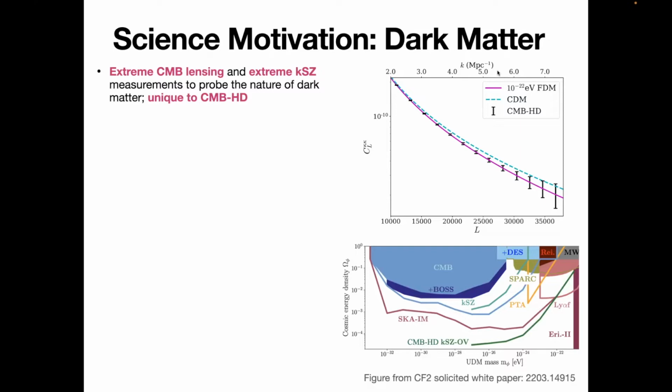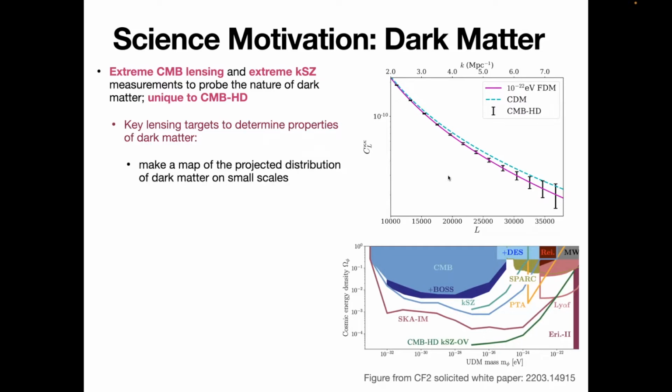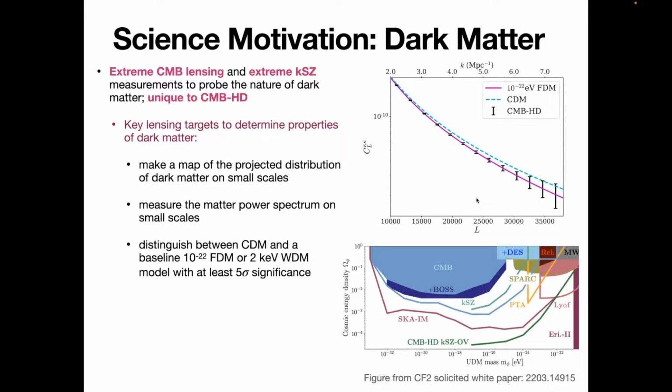The key targets are to make a map of the projected dark matter on small scales, measure the matter power spectrum, albeit the projected matter power spectrum on small scales over half the sky, and then also to probe different dark matter models and baryonic physics.